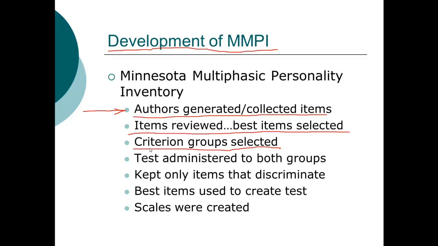Then you had some criterion groups that were selected, and then that MMPI was administered to both groups. And then they went back and looked at the test results and kept only the test items that discriminated between both groups. Then they recombined the items and kept the best items that they used to create the MMPI.